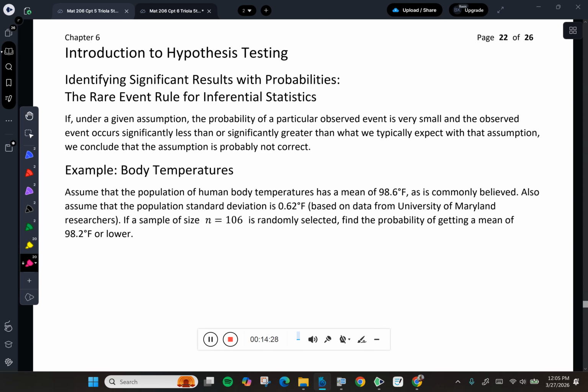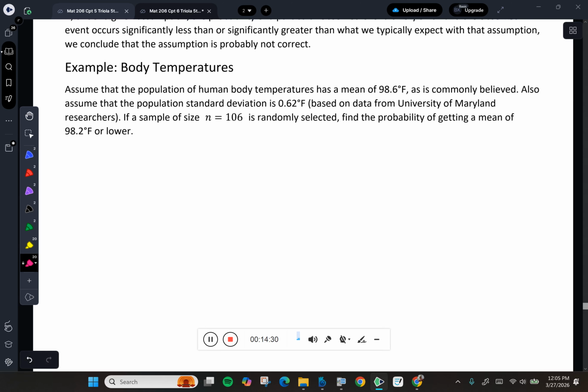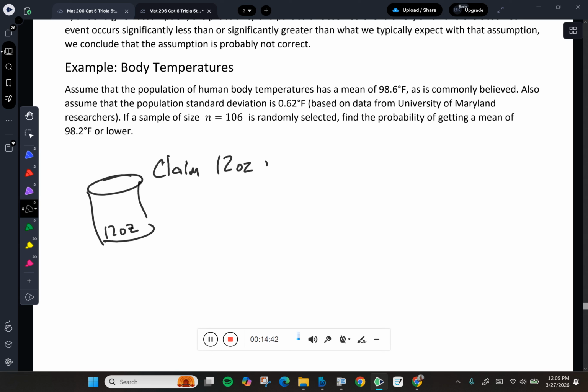So I want to go back to an example from before to try to make some sense of this really quickly. I'm going to go back to one that I've used many, many times: my can of Coke. I am going to claim 12 ounces is the mean amount of soda in my can.